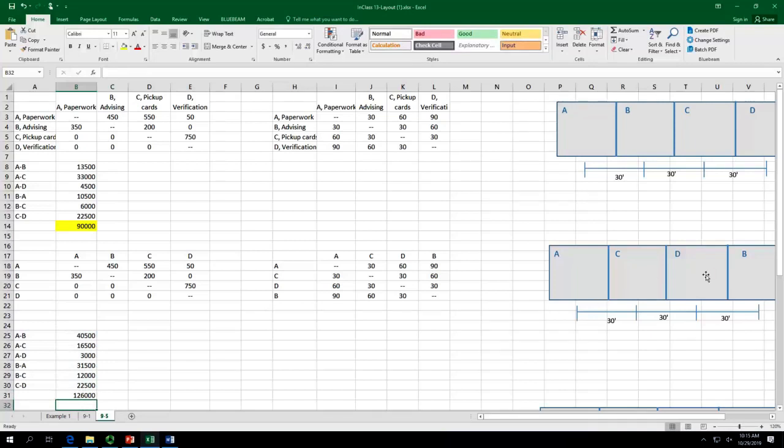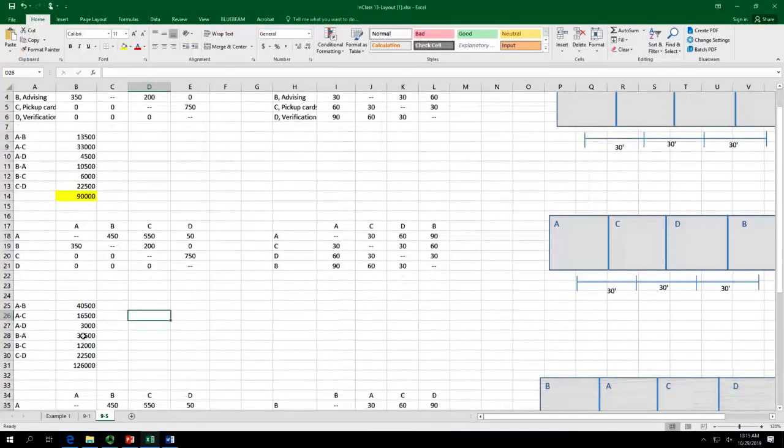Okay, ACDB. I just use this as an example to show you the different layout will generate a different kind of workload or moving load result. Which one do you not get the same result as mine?